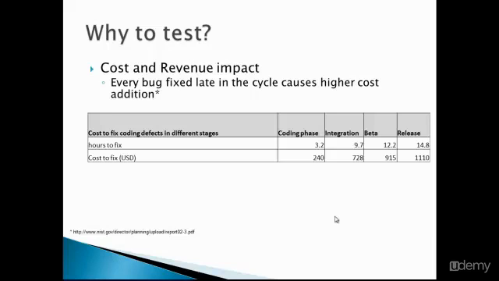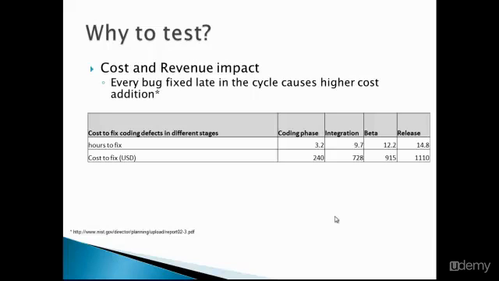So if you find a bug in the coding phase, the average hours to fix was around 3.2, and cost to fix is around $240. In the integration phase, the hours to fix goes up by almost three times, so 9.7, and the cost to fix almost doubles to $728.